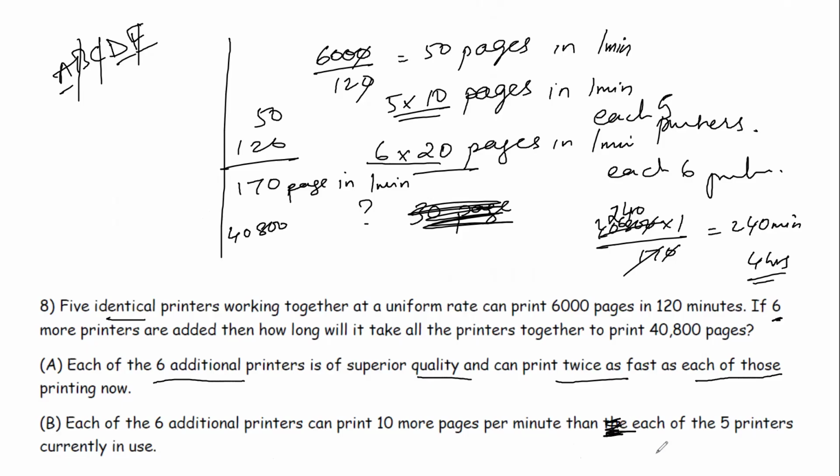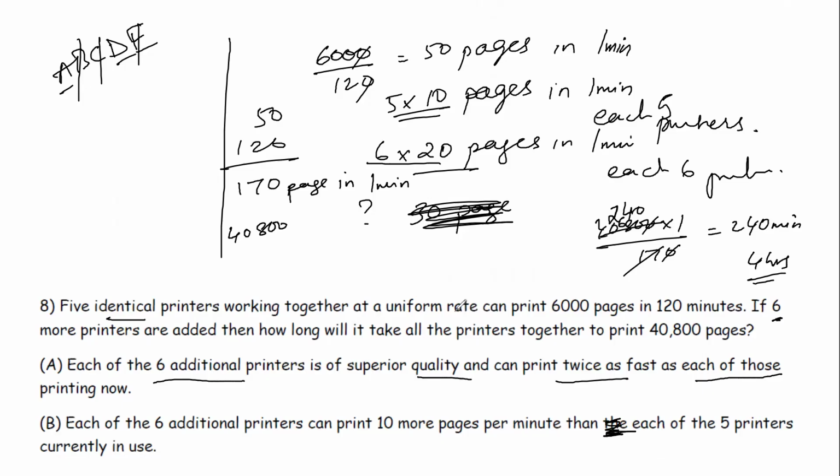So yes, I'll be obviously correcting this and making the worksheet available, right? This will also be part of question number 6 or 7. Okay. Right. Each of the 6 additional printers can print 10 more pages per minute than each of the 5 printers currently in use.